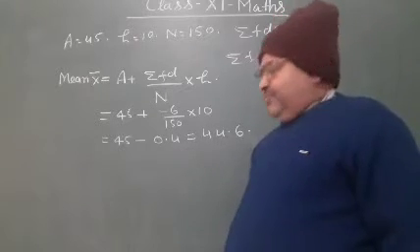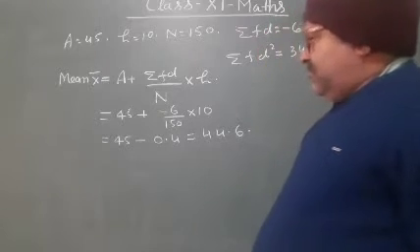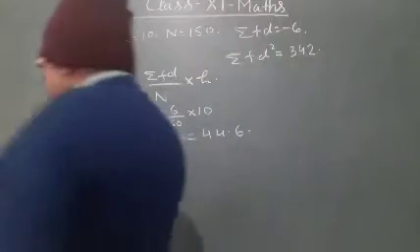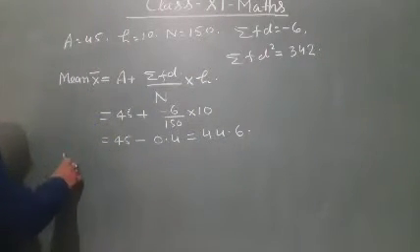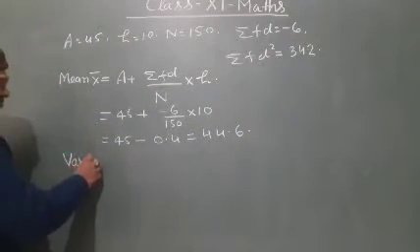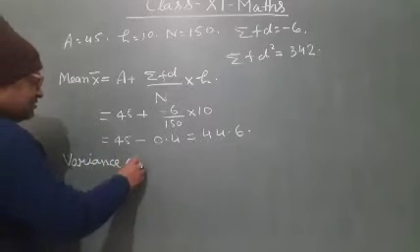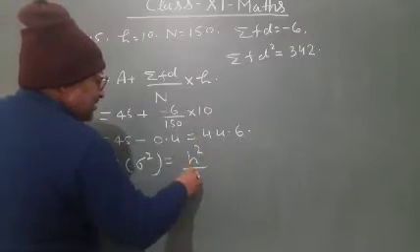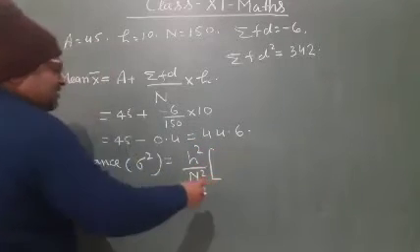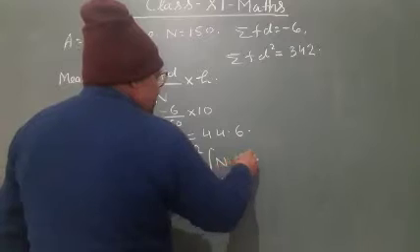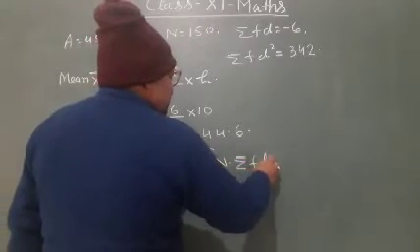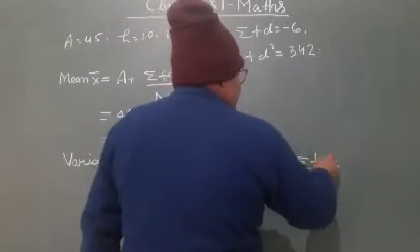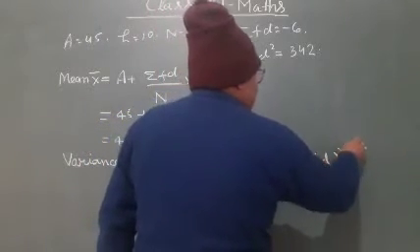So we find the value of variance. Variance is equal to sigma square equal to h square upon n square, n into sigma fd square minus sigma fd whole square.